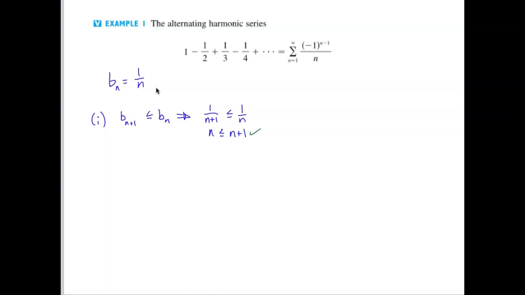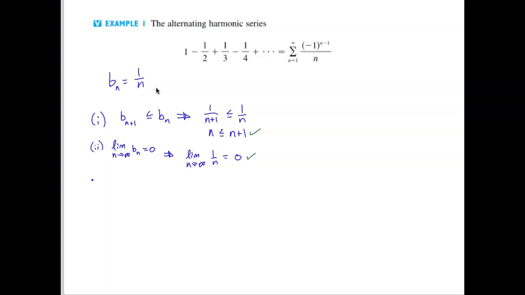All right, condition 2. I need to show that the limit as n approaches infinity of b sub n is 0. So for us, that's just the limit as n approaches infinity of 1 over n, which is definitely 0.